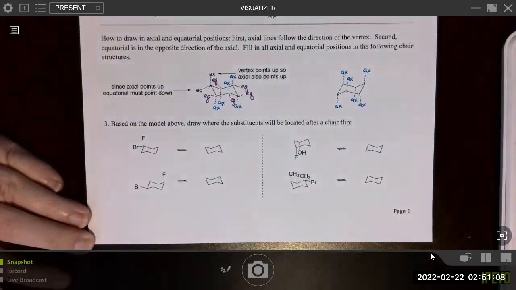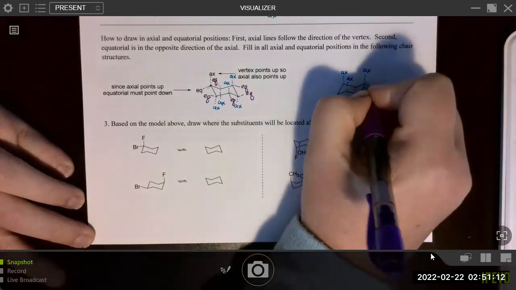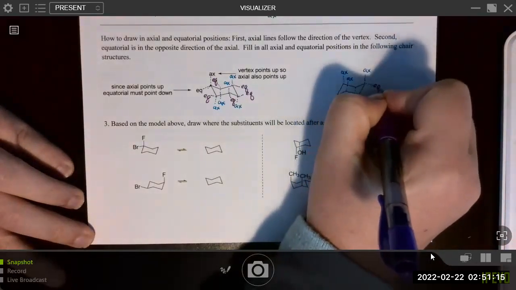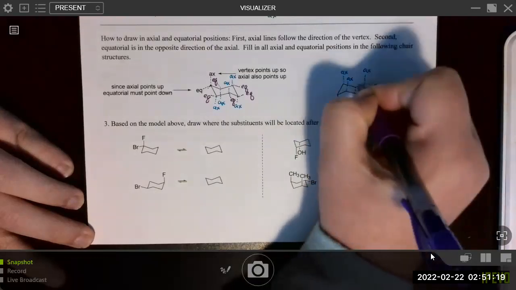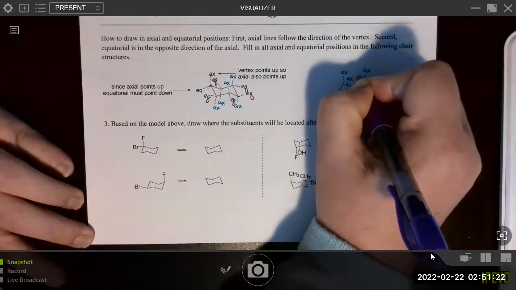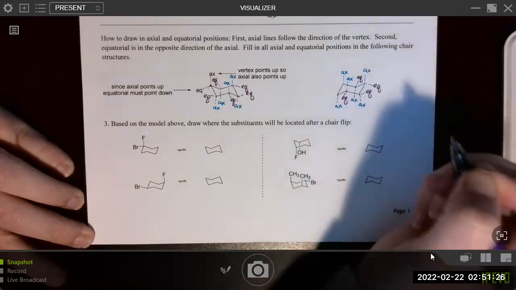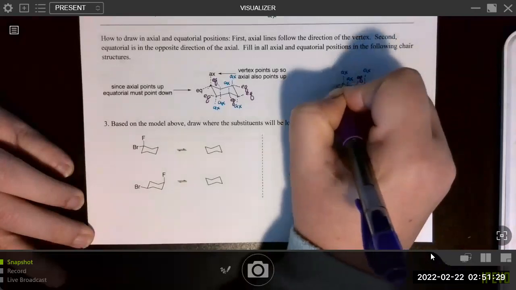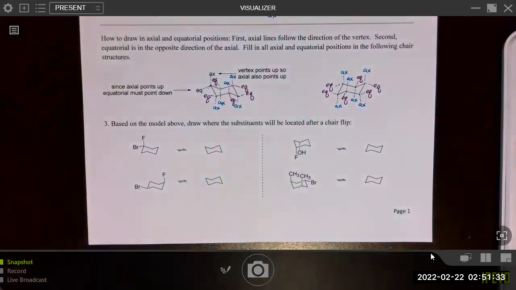And then the equatorial ones, those are a little bit more tricky, but we just have to look and see what line they should be parallel to, and we should be able to put those in. Okay. So hopefully you can start to see how to draw in those axial and equatorial positions, right?